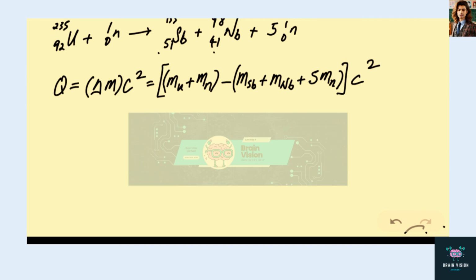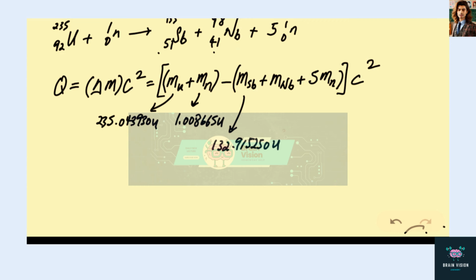So all these masses you can look up online or through Appendix B. For uranium, and this is for the neutrons, for the antimony, for the niobium, and that should be all the masses that we need, right?